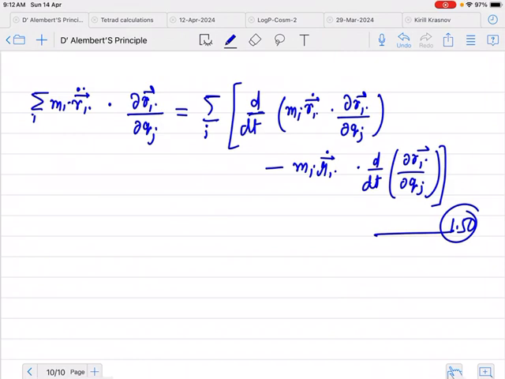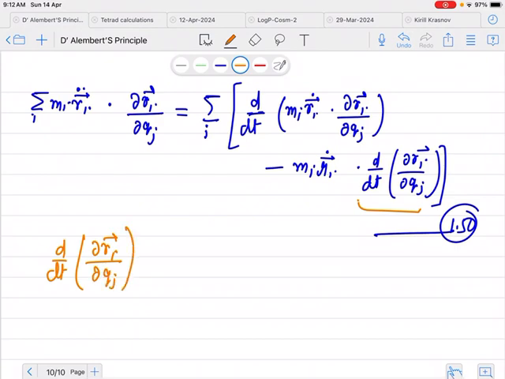Okay, so that's it. And what is this term? See, d over dt of del Ri over del qj is nothing but del Ri dot over del qj. You can expand it in terms of the more generalized coordinate, but after all, this is nothing but del vi over del q.